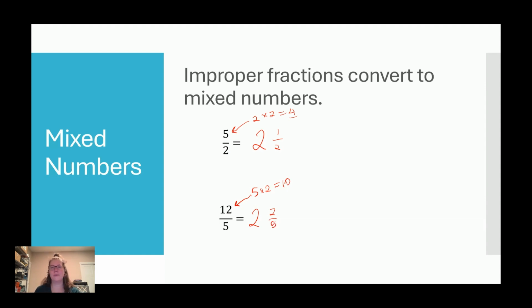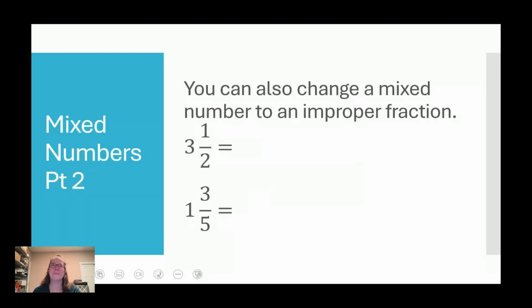We're going to go the other way in just a minute. From a mixed number to an improper fraction, we need to take this whole number and make it a fraction that has the same denominator. So 3 is going to change into halves.